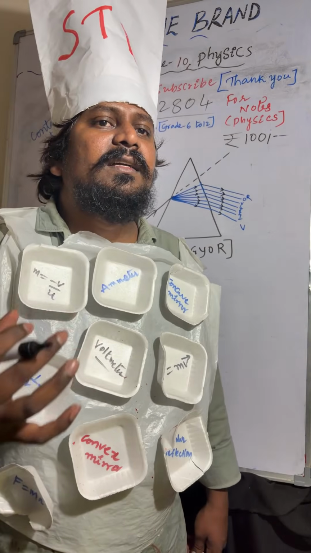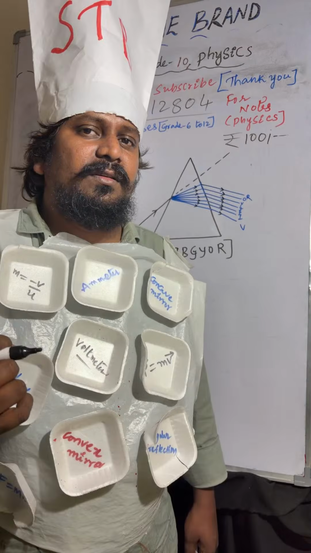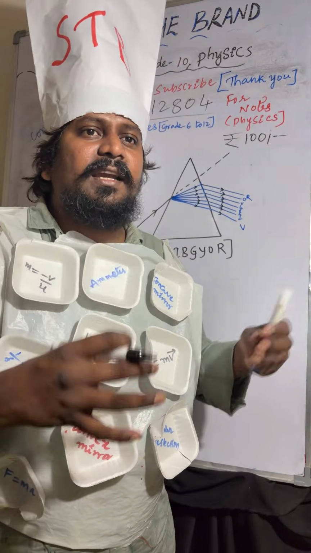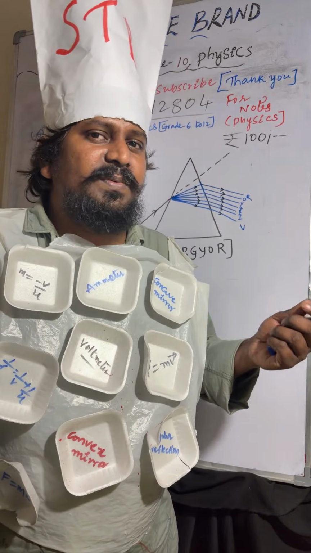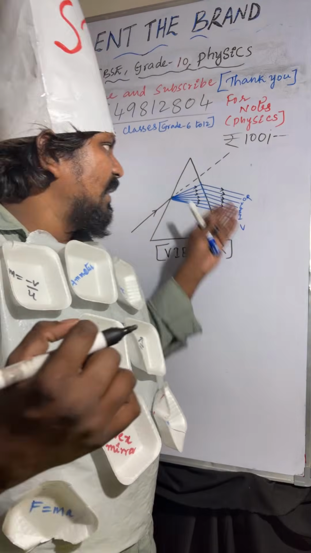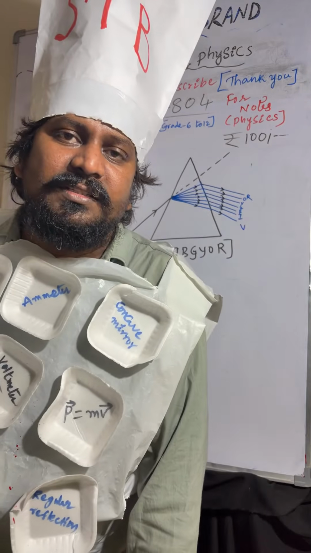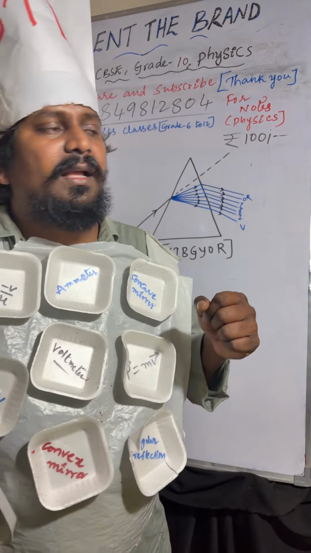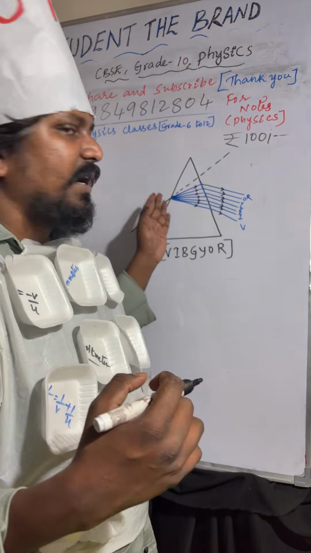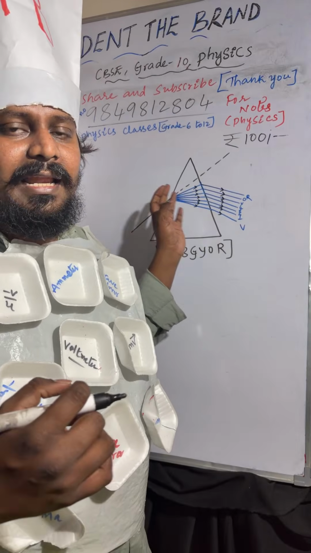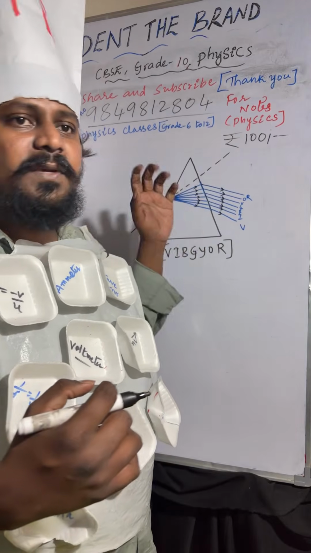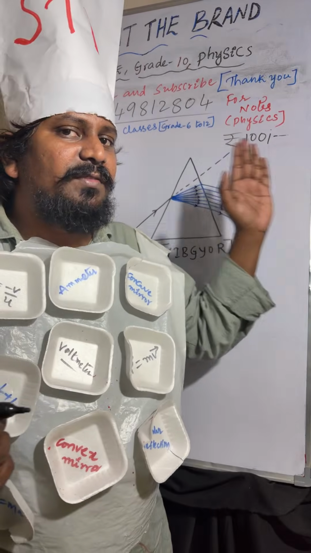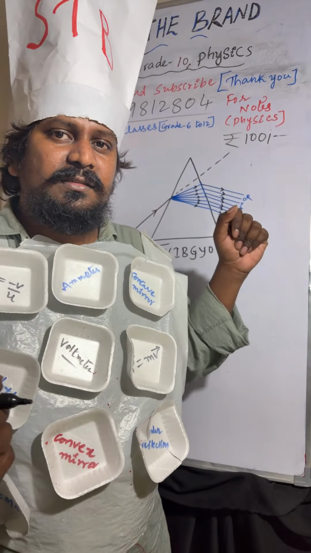Splitting of white light into 7 colors is known as dispersion. Those 7 colors forming a band on the screen is known as the spectrum. When a light ray passes through the prism, it splits into 7 colors, and those 7 colors form on the screen like this.